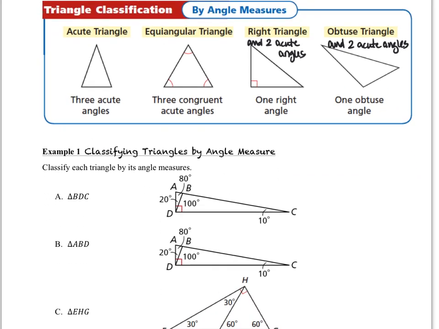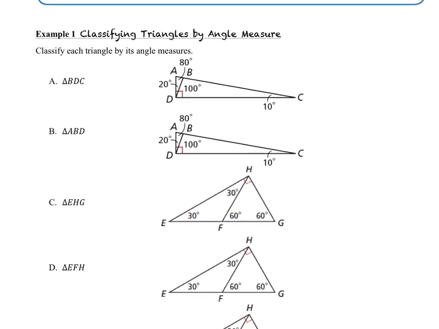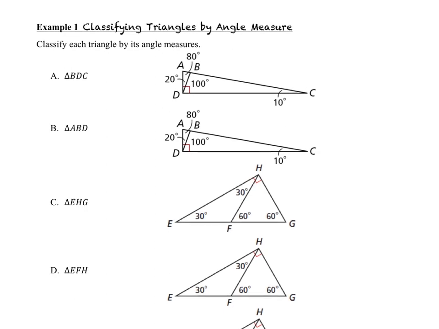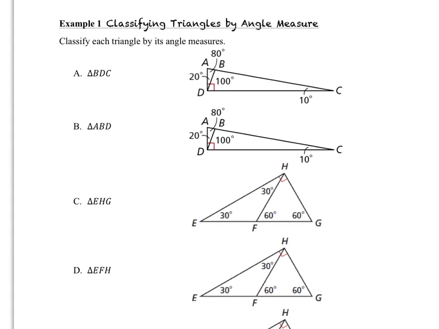In example number 1, we're going to be classifying triangles by angle measure. But you need to be cautious and make sure you're looking at the right triangle, because we can see that there are segments drawn within each of these triangles. So what I recommend is that we color in which triangle we're looking at. For question A, we want to look at triangle BDC.